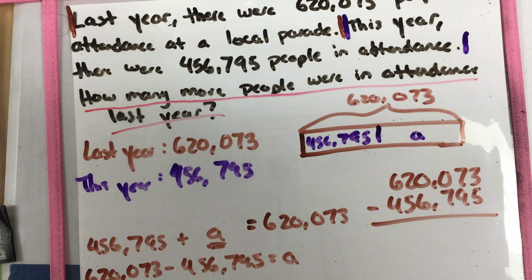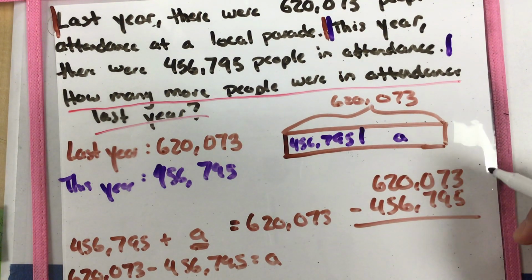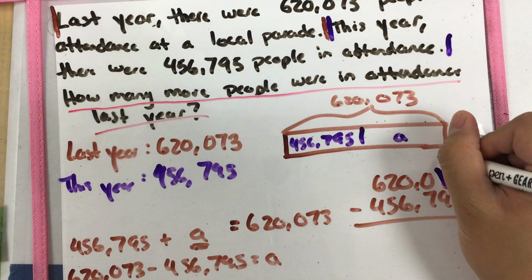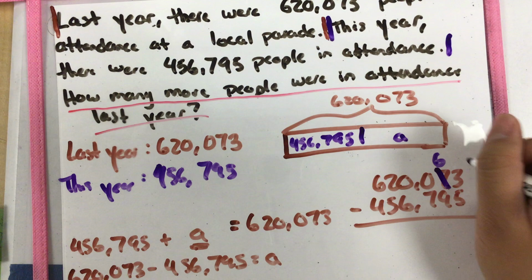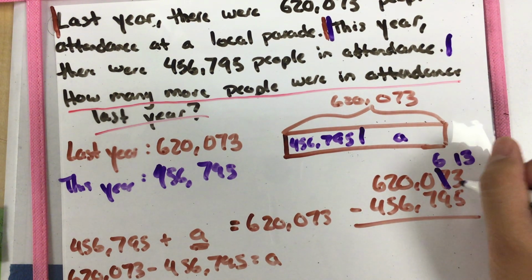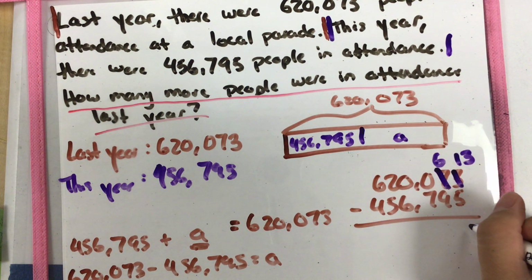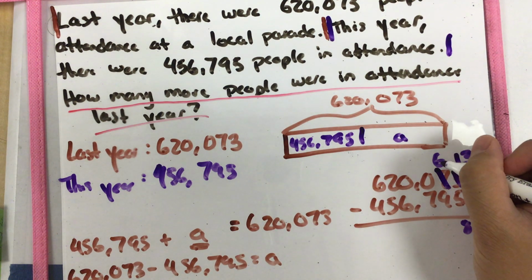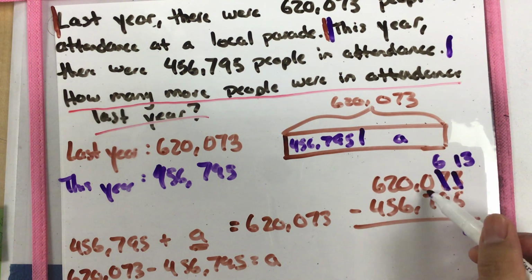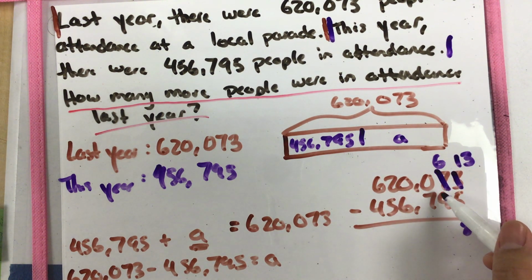So if we start looking at our ones place, 3 ones minus 5 ones, we can't do that. We're going to decompose 1 of the 7 tens to get 6 left, and we're adding 10 ones. So now we have 13 minus 5, and that equals 8. Here we have 6 tens minus 9 tens, we can't do that. And we can't take from 0 hundreds because there's nothing there.